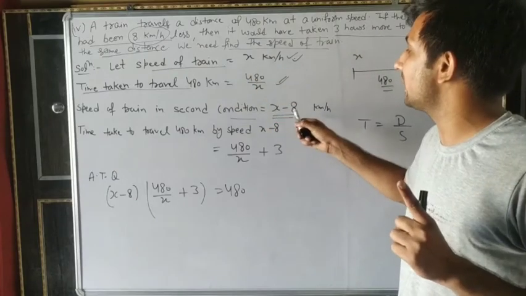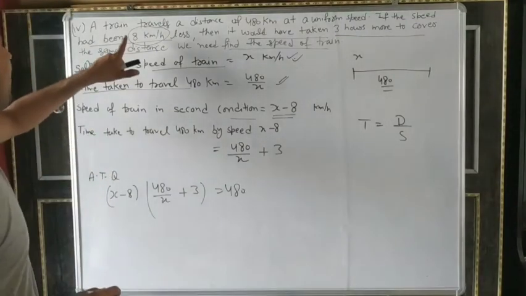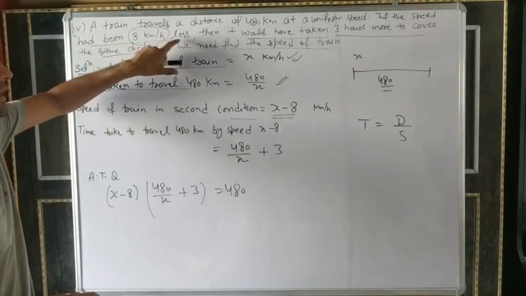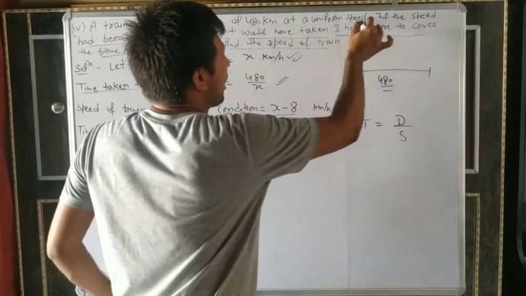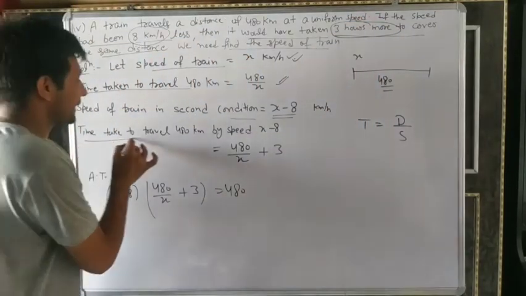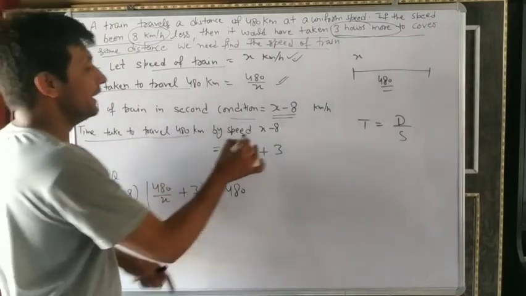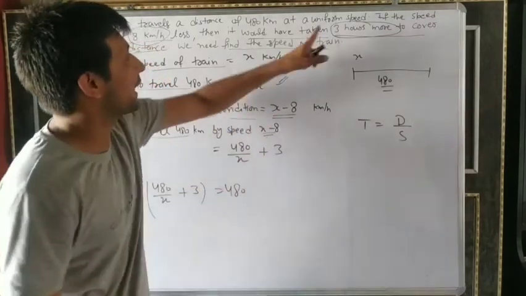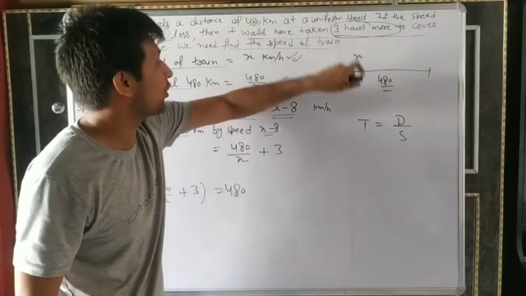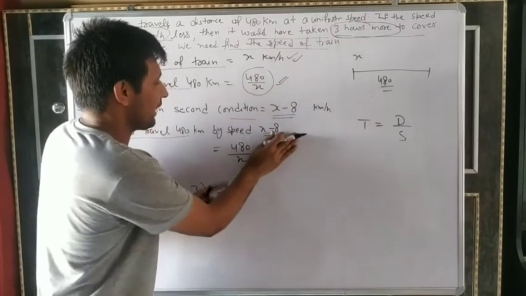So x minus 8. But in the question it is given that whenever your speed is 8 kilometers less, you will take 3 hours more. So the time taken to travel 480 kilometers by speed x minus 8: how much time? Time is 3 hours more. In the start, how much time are you taking? 480 divided by x.